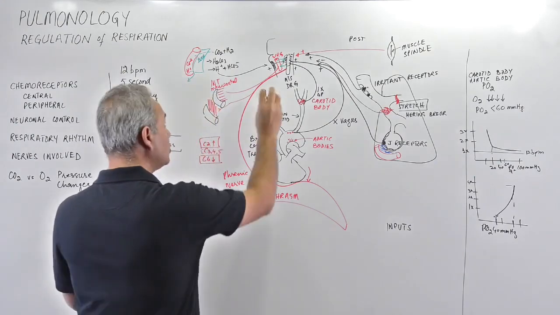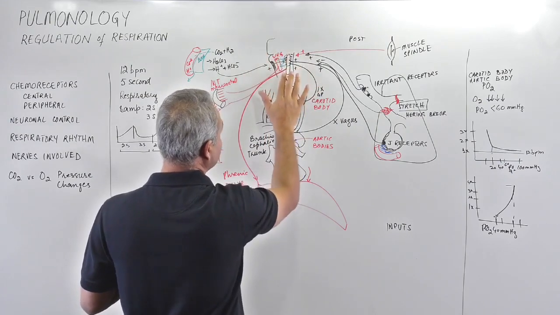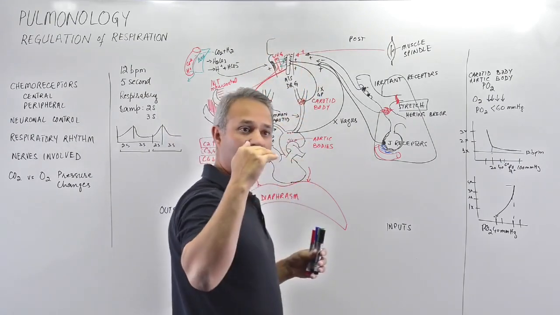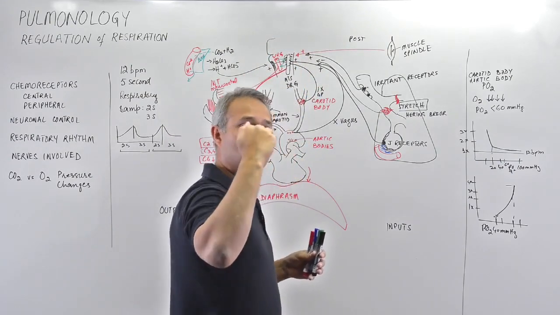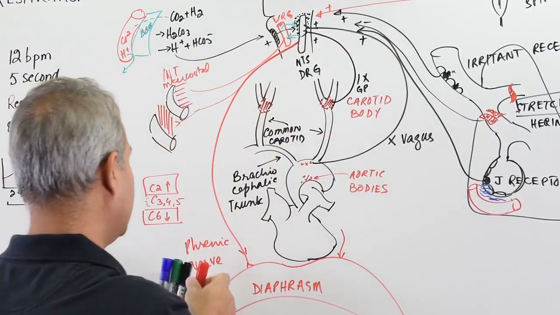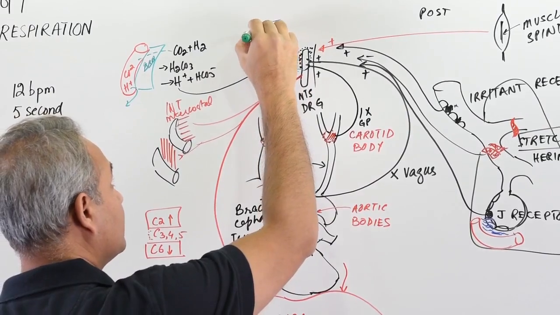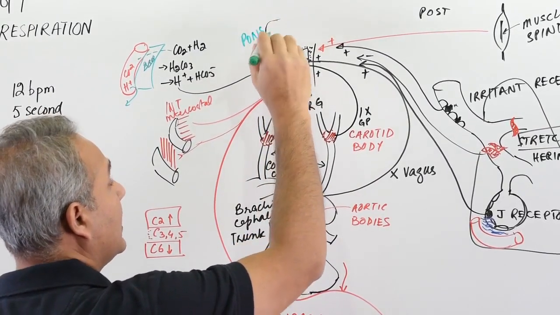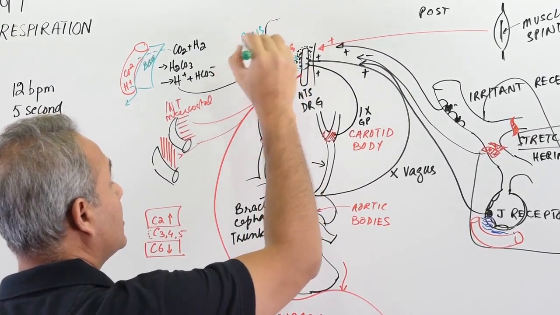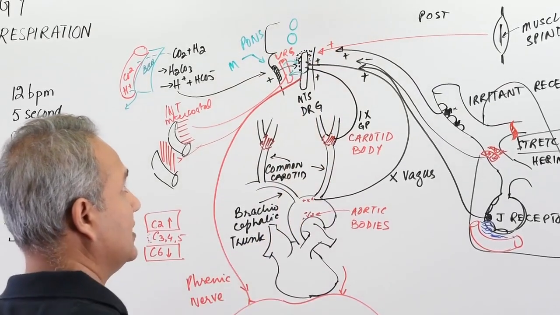Okay, now let's go up. What you would see is that in the neuronal system, as we continue to go up, we'll go from automatic to conscious activity. Above the medulla, in the pons, we have 2 more respiratory centers.